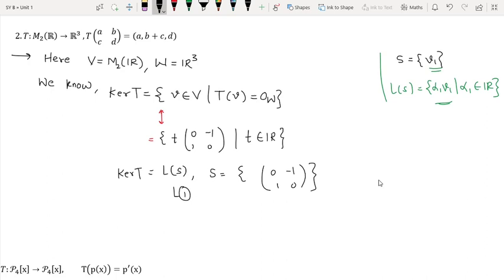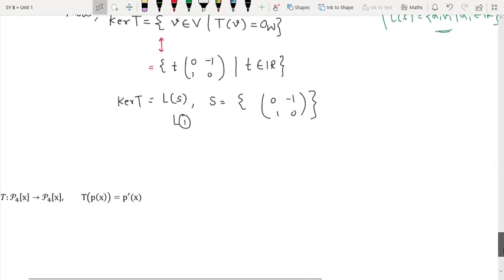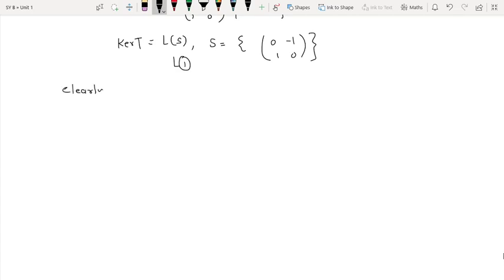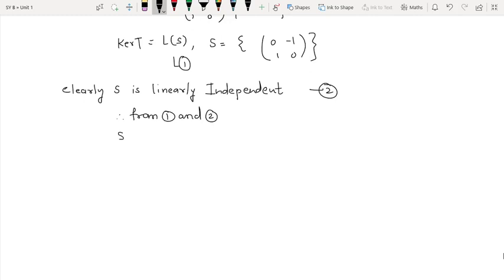Now it remains to check whether this S is linearly independent or not, but clearly this S is linearly independent, no issues with that. What is the reason? Since S contains a single non-zero vector. I will call it 2. Therefore from 1 and 2 we can say that S is the basis of kernel of T.